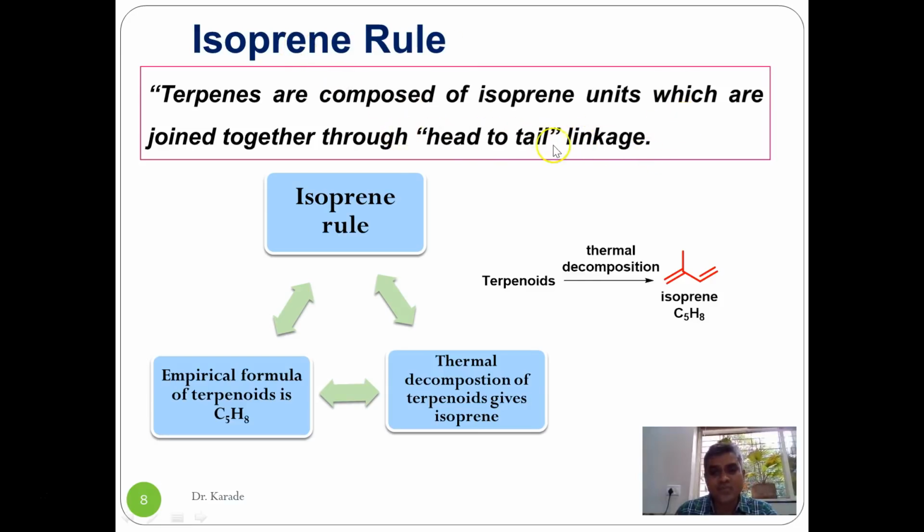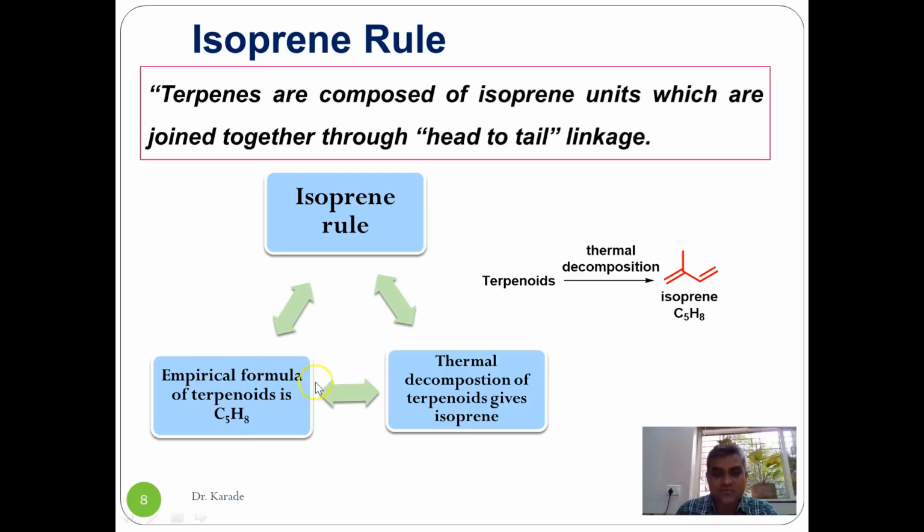This isoprene rule was proposed by Otto Wallach on the basis of 2 important observations. The first observation is that the empirical formula of all terpenes was found to be C5H8. The second observation is that the thermal decomposition of all terpenoids gives several products, and one of the products was found to be isoprene.